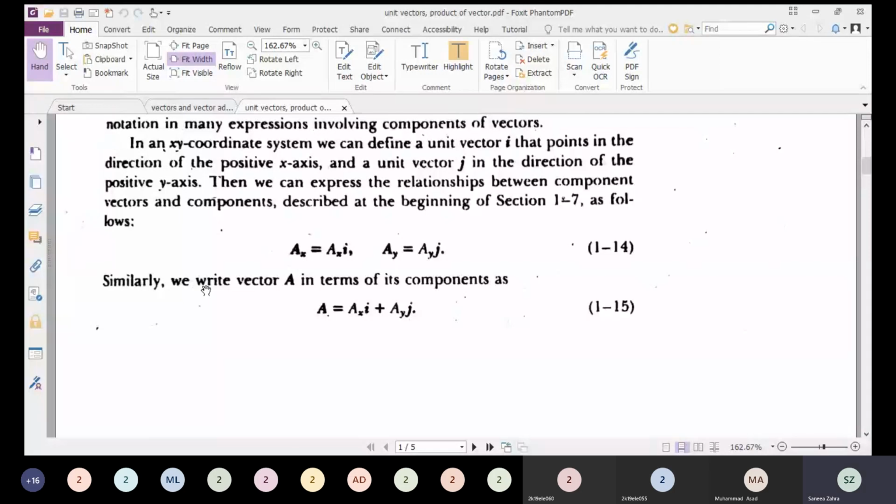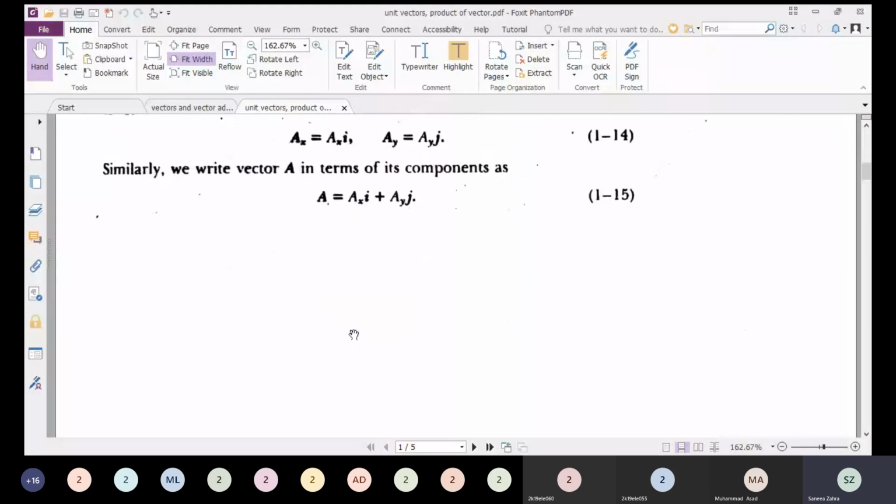Similarly, if we are talking about any resultant, instead of writing ax and ay, we will simply put these values as ax i and ay j. This obviously shows that we are talking about ax and ay.